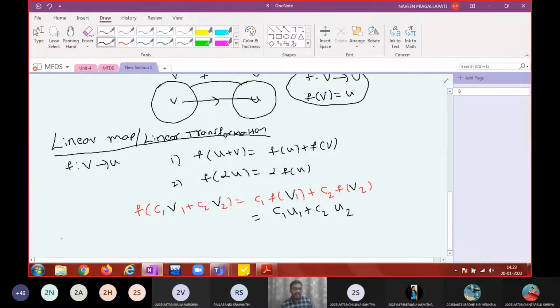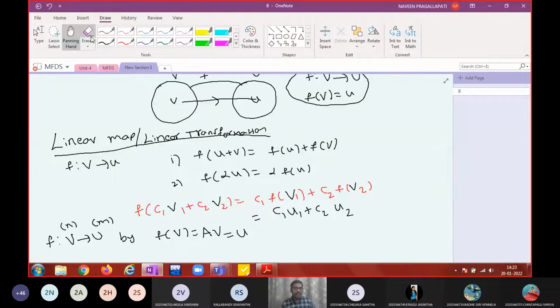Right, if I define f as a function from V to U, let us say V is of dimension n and U is of dimension m, then f of v equal to A into v. What is A into v? It becomes u, because A is an m by n matrix, v is an n by 1 matrix, and the product is going to be an m by 1 matrix.